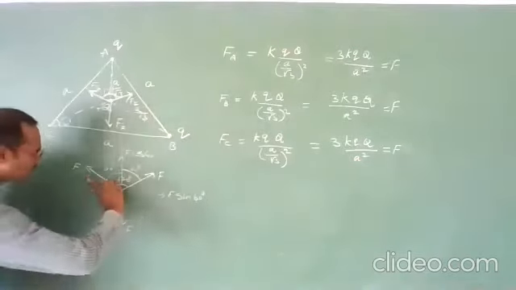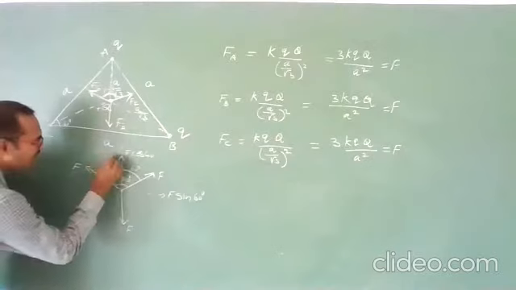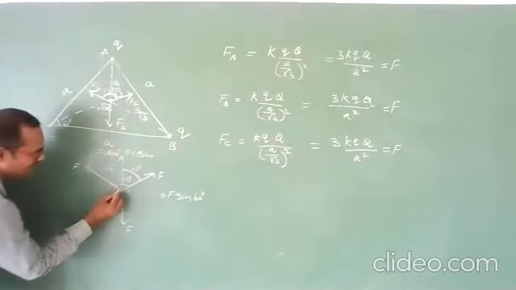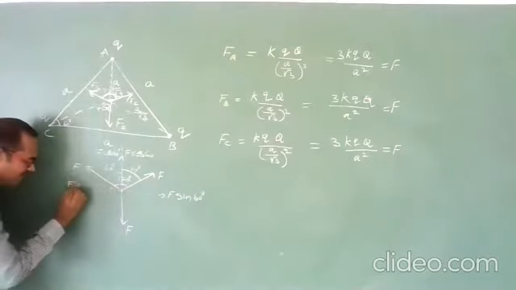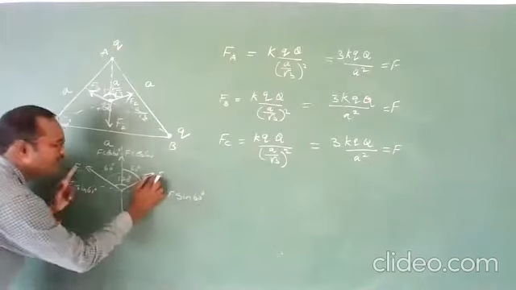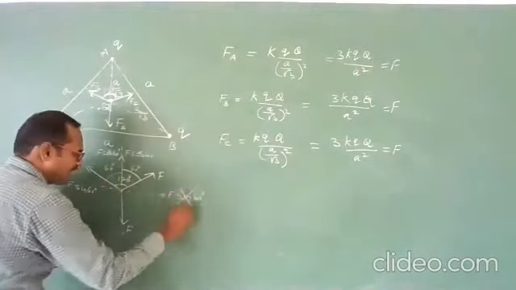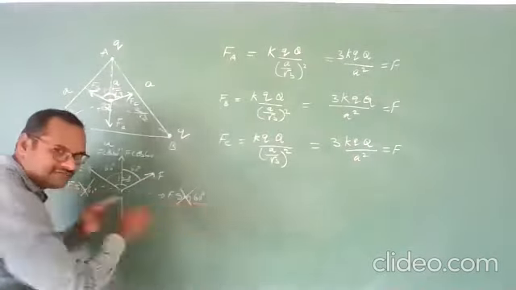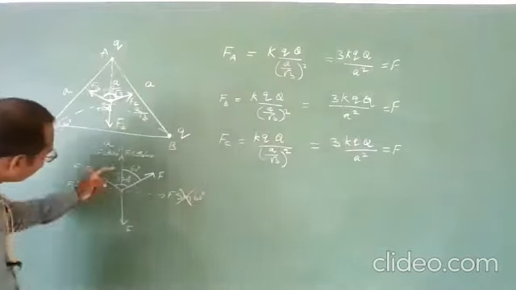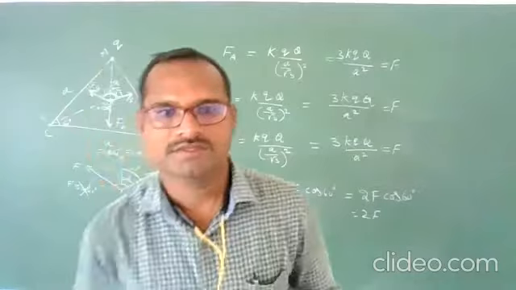This F here also has angle 60 degrees, with value F cos 60 degrees here and F sin 60 degrees there. The forces are equal and the angle is also equal, so they will cancel each other. Along the horizontal, forces are balanced, meaning no force along the horizontal. Now along the vertical, two forces are adding up.